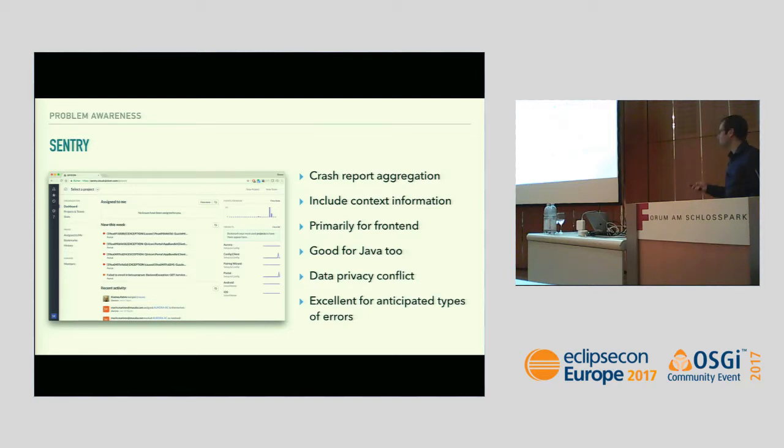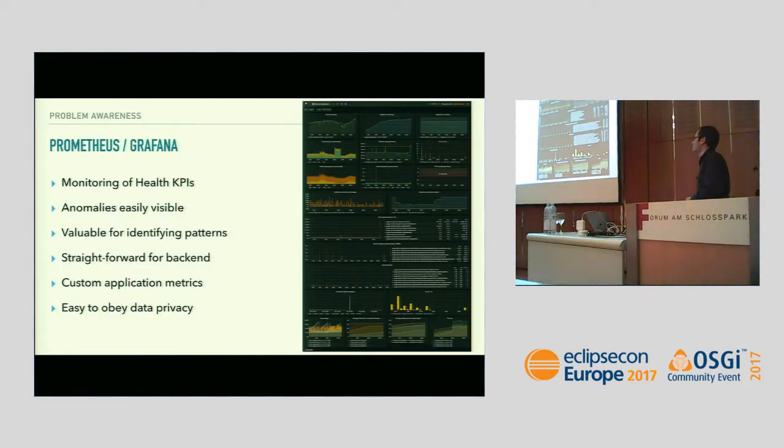So we can use it in Java too. It's good. Nevertheless, it's definitely a problem with the data privacy, so we cannot use it in production because of this whole context that we attach. We know the state of the whole house, basically, in order to analyze the bugs.